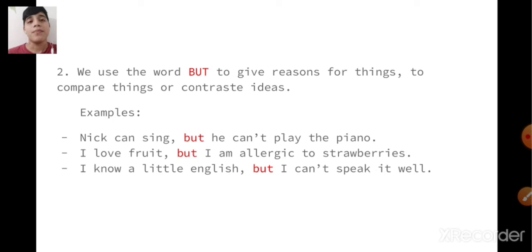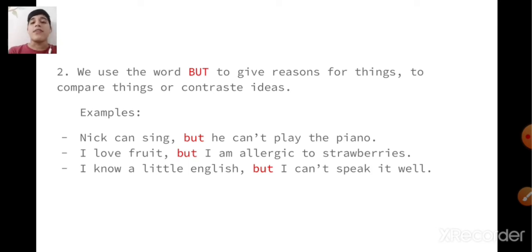For example, we have right here, Nick can sing, but he can't play the piano, okay? So with the but, we are adding another sentence or another idea that is contrasting the first one, or that is explaining in some other cases the first one.